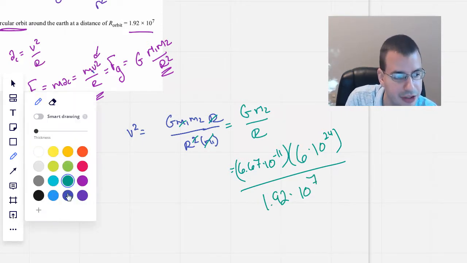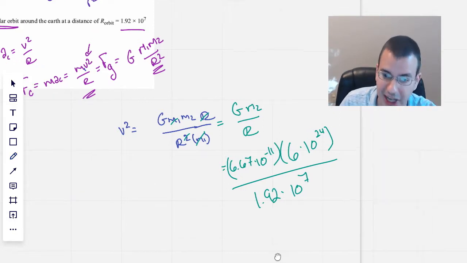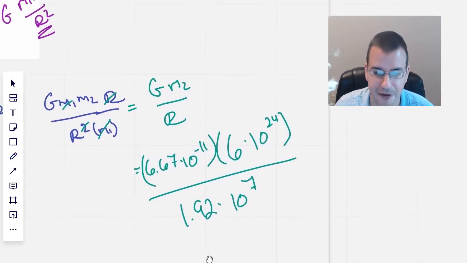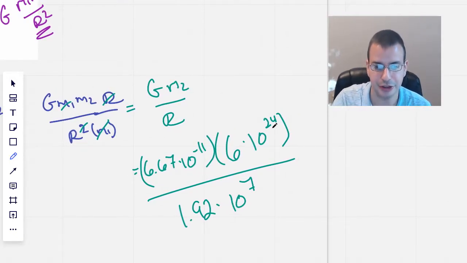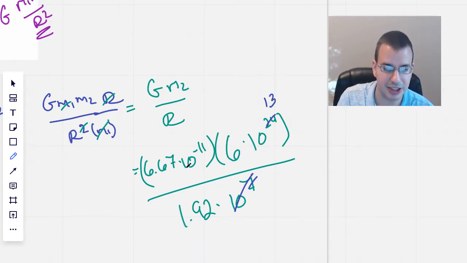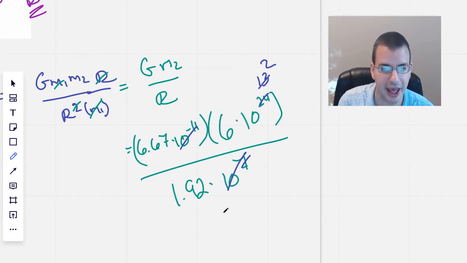Okay. So now we're going to do some canceling. I like to do the canceling before I put it in my calculator. I feel that it reduces the number of errors. So here, this is going to be 13. So 24 minus 7 is 13. 13 minus 11 is 2.